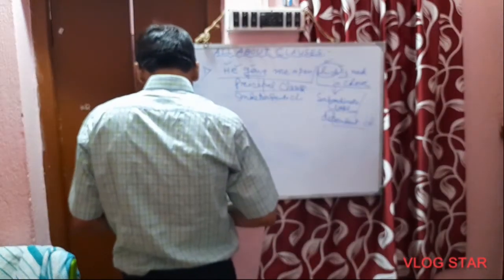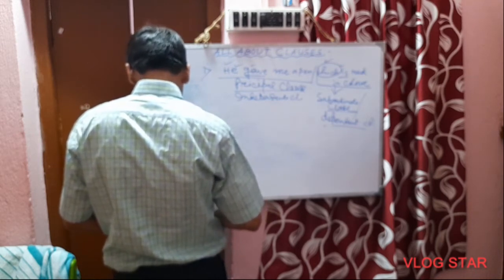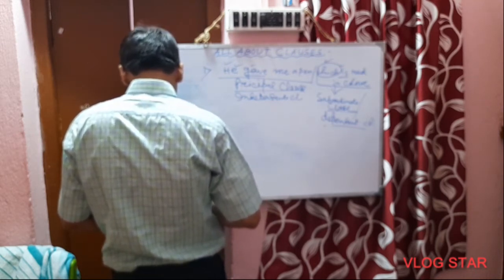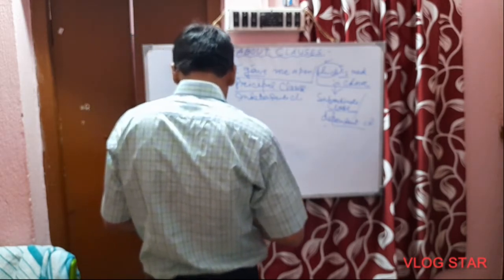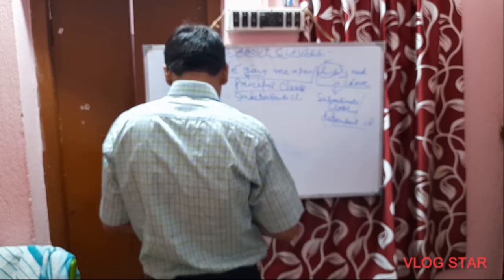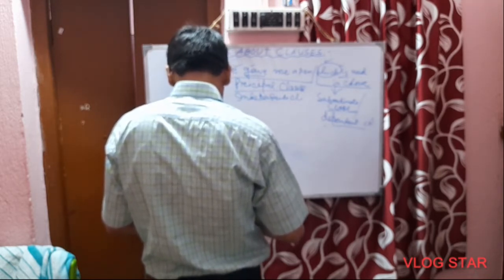Now, from this it is evident and also clear what the clause is, what the actual criteria of these are, and how you can identify a clause of a sentence.